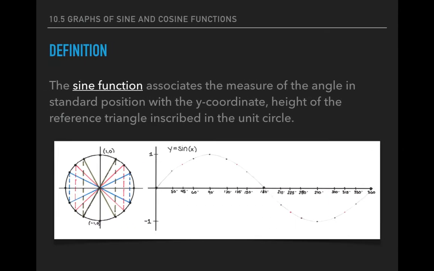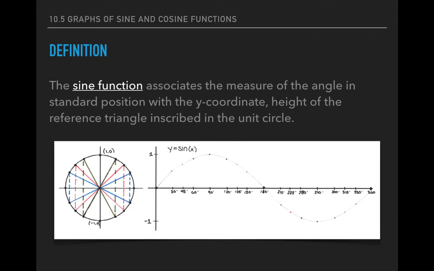The sine function is one that we have been working with a lot lately in our creating of the sine curve. What it does is associate the measure of the angle from your unit circle in standard position with the y-coordinate, which is the height of your reference triangle.